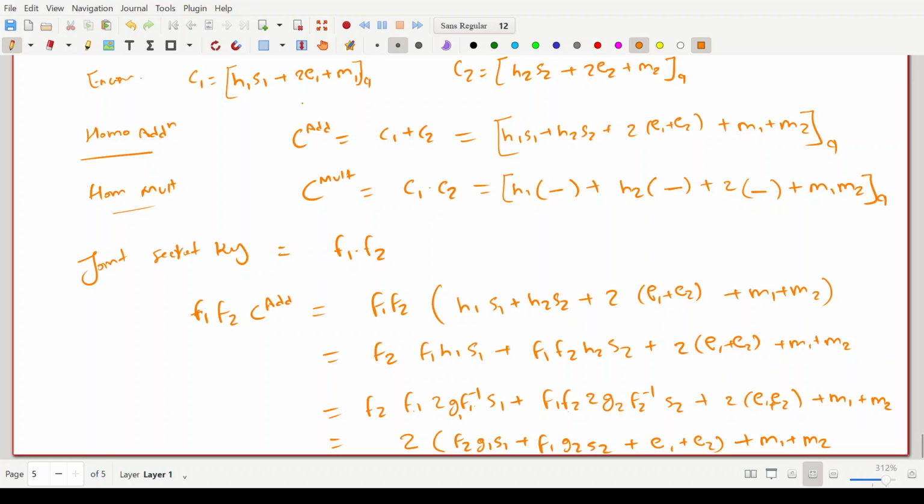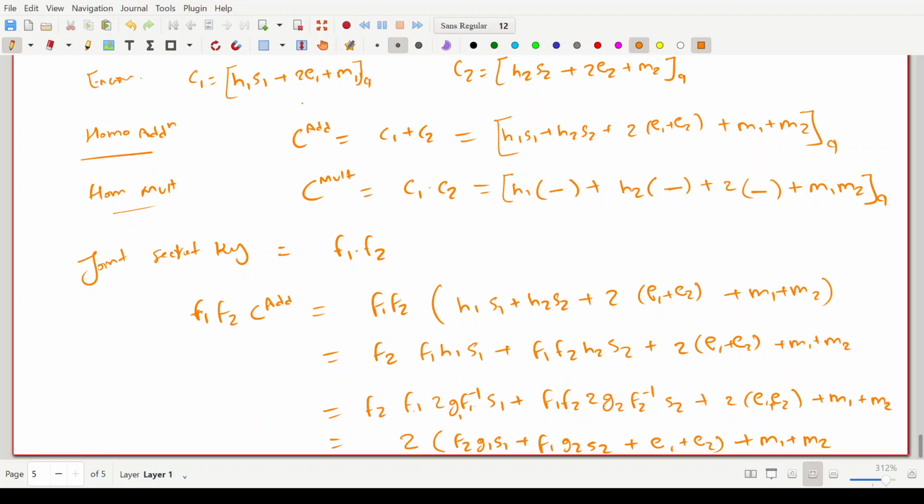This was your first step of decryption, using your combined, that is joint, secret key: F1 is the secret key of the first party, F2 is the secret key of the second. This can be done using multi-party computation. We multiply F1 into F2 with the ciphertext C add, and I am left with 2 into this, plus the addition of the messages.